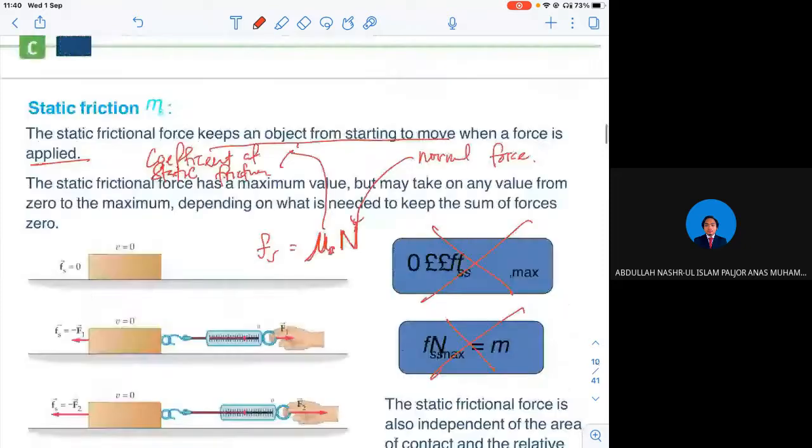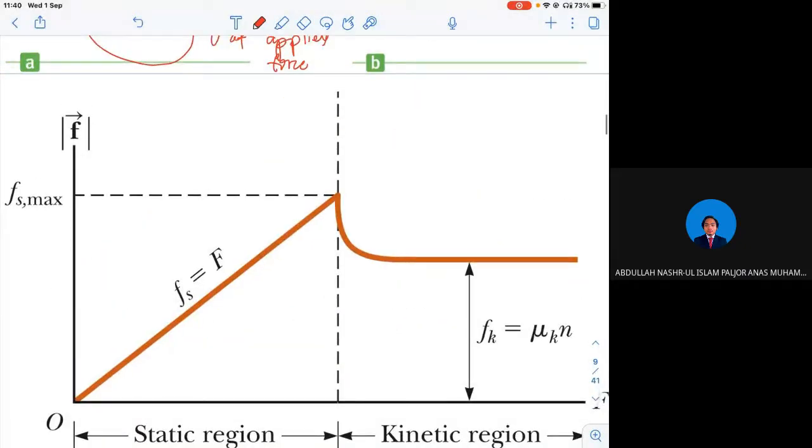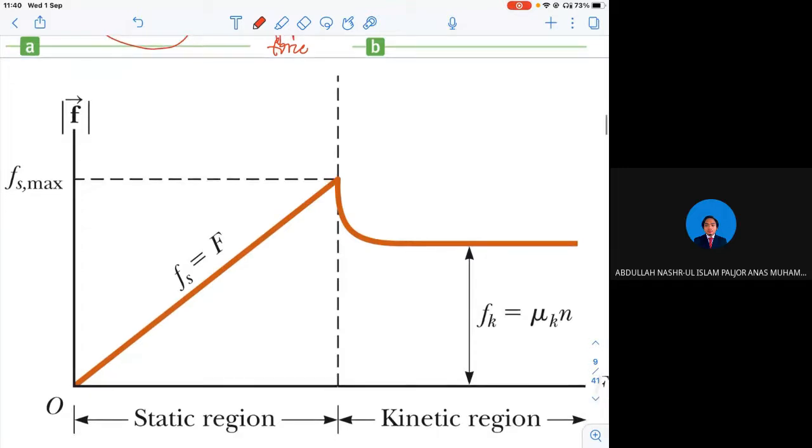If you look carefully at the situation here, you can see this is where you get the static region.